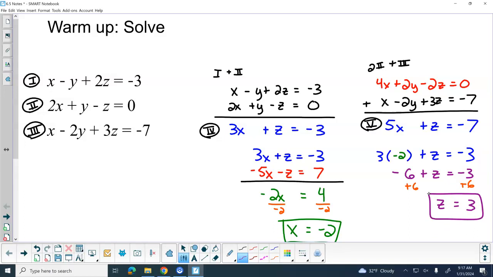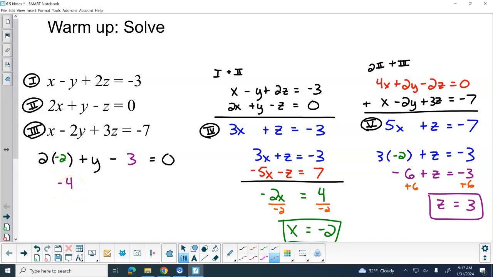Let's go into number 2. 2 times whatever my x is plus y minus my z is going to be 0. So x is negative 2, z is 3. 2 times negative 2 is negative 4.